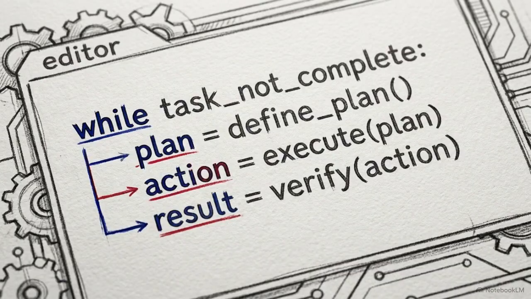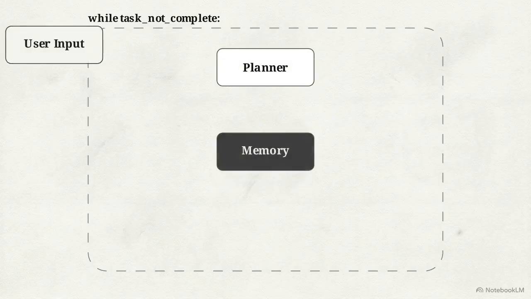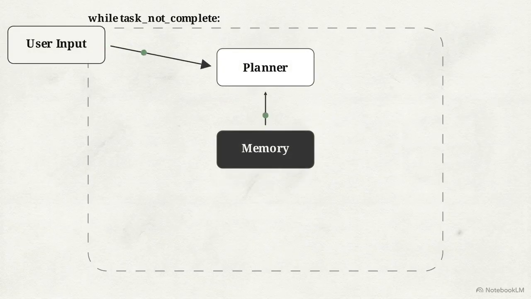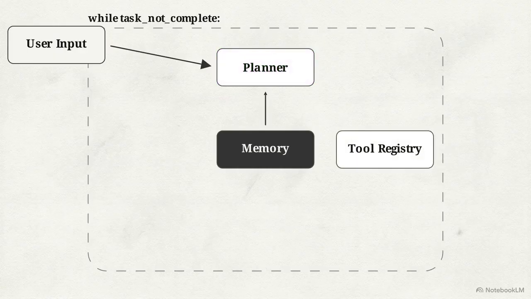This is the heartbeat of the autonomous agent. Looking at the logic flow, the cycle begins with a foundational while loop that continuously runs as long as the task remains incomplete. In the first phase, the planner block synthesizes user input alongside memory data to formulate a strategy. The agent maps that logical plan against its internal registry, selecting the specific tool required for the current step.